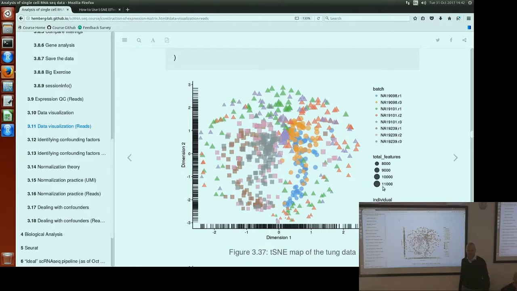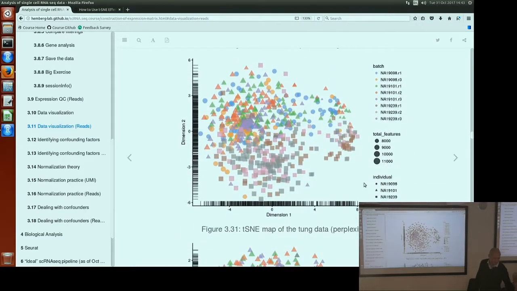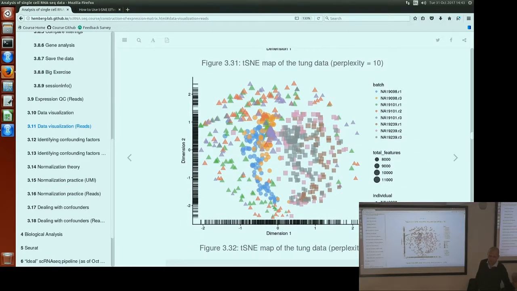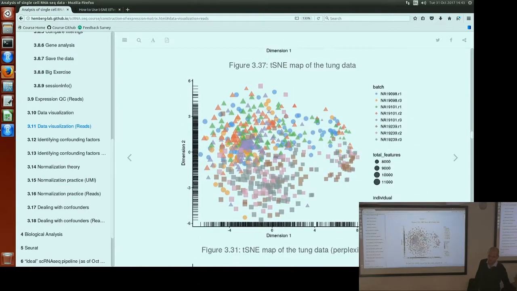It doesn't tell you anything useful, I think. The same if we change perplexity to 10, and changing perplexity to 200 doesn't really change anything. Because the reads data is much noisier than UMI data, t-SNE fails to find any structure in your data, whereas PCA was able to find some biological differences between the batches.